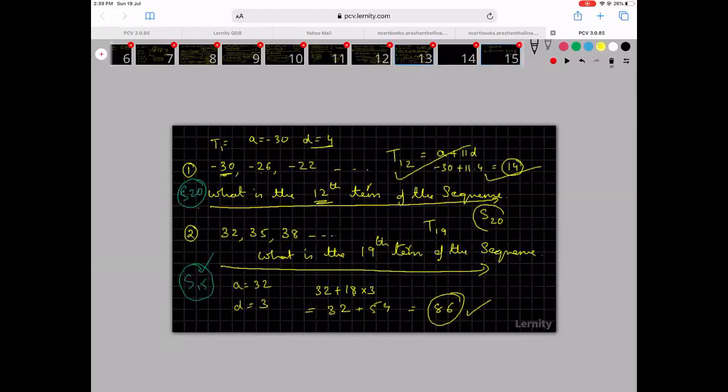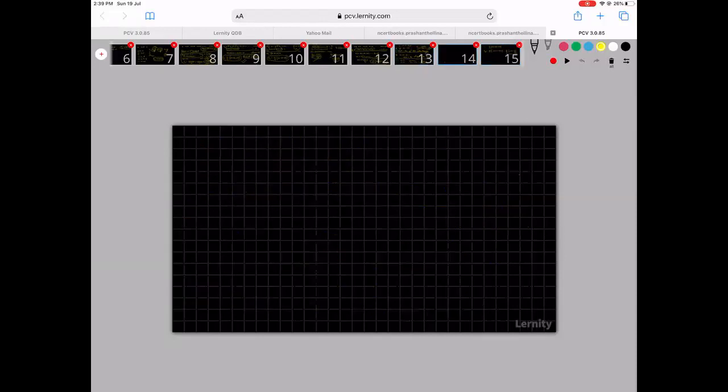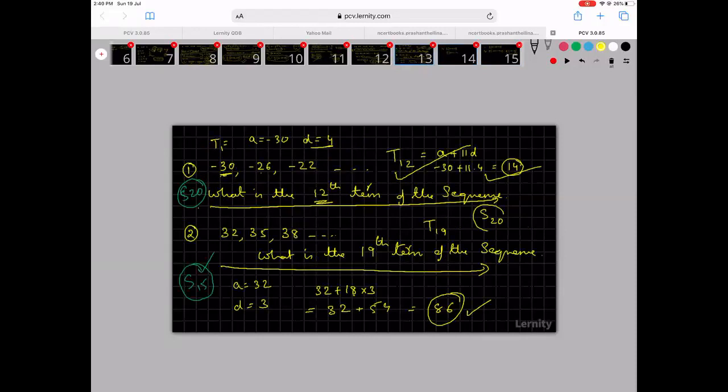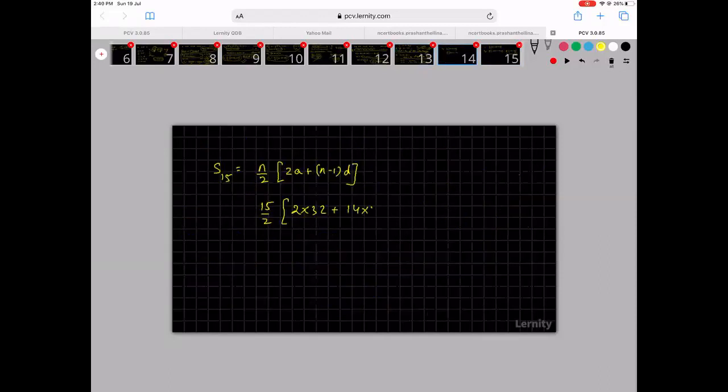Now you want to know what the second one is. Second one, 32, S15. So S15 is equal to n by 2 into 2a plus n minus 1 into d. Now n is 15. So 15 by 2 into 2 into 32 plus 14 into d. D was 3, so 14 into 3.